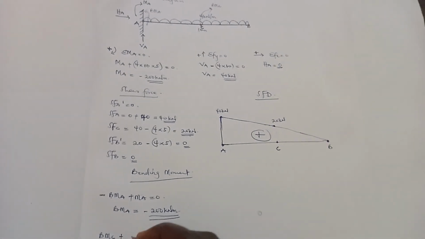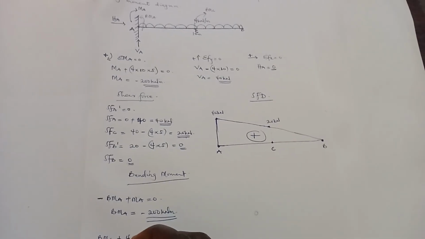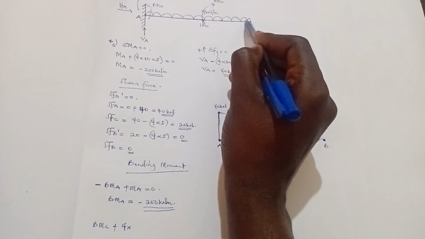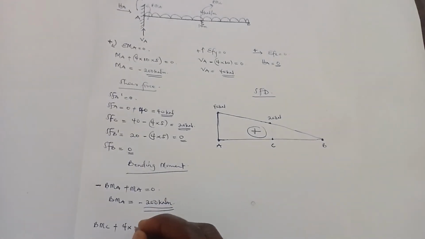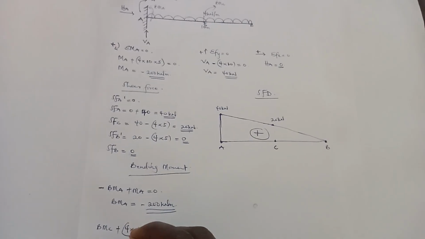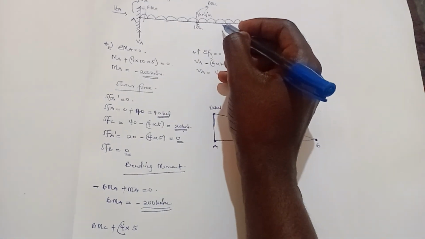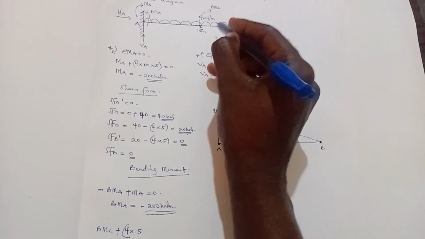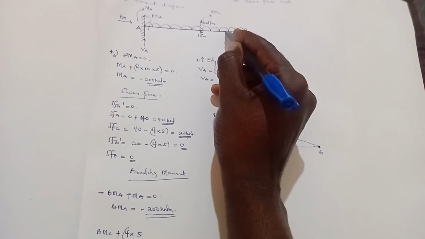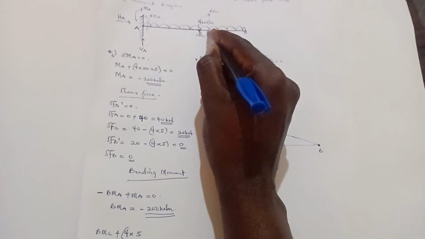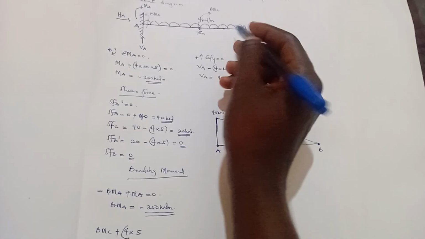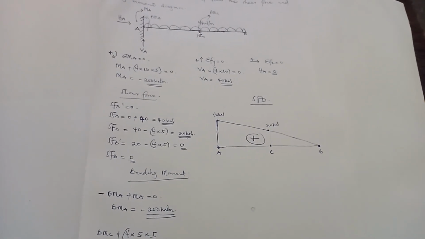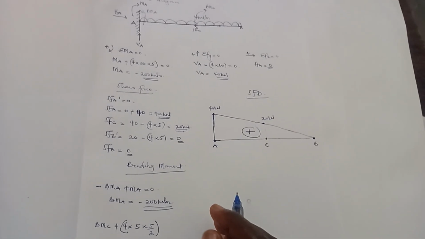So it's going to be plus the force per unit length of the UDL, which is 4, times the distance from here to here, that is 5. So this will give us the force. And because you are calculating for bending moments, you take the centroid. The centroid is at the middle, and the distance from the middle of the UDL to this portion is 5 divided by 2.